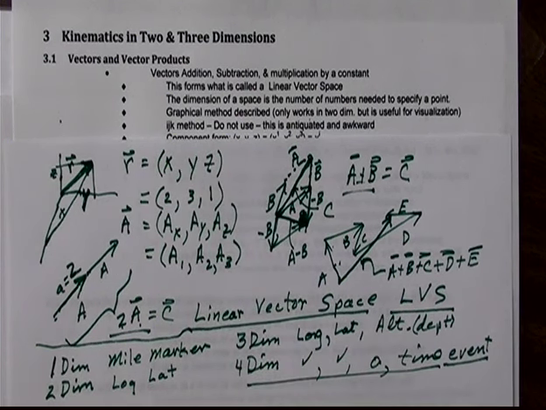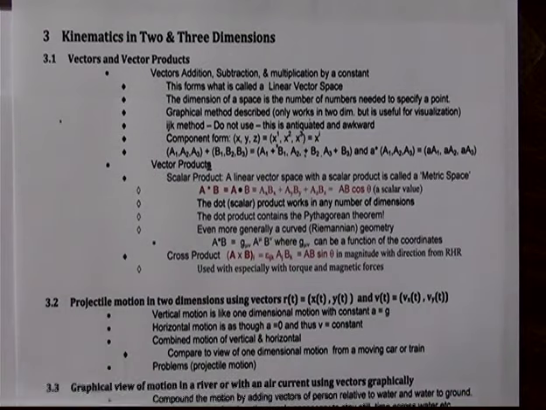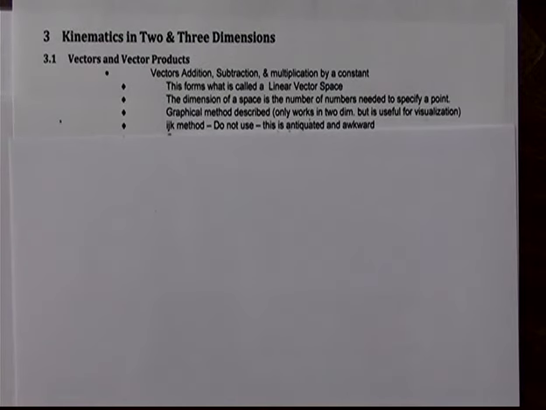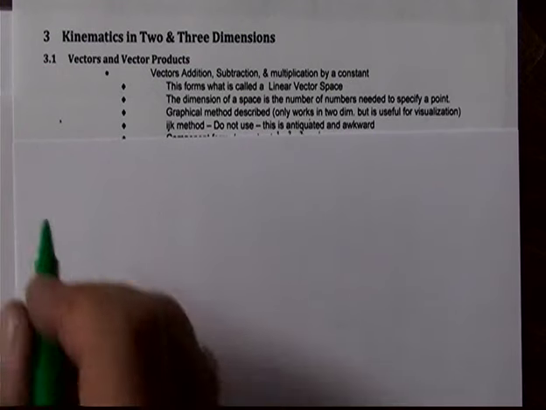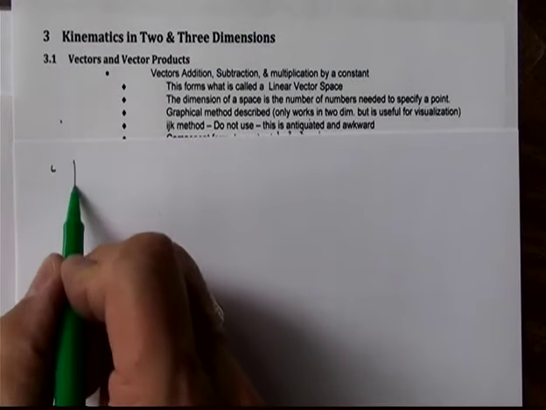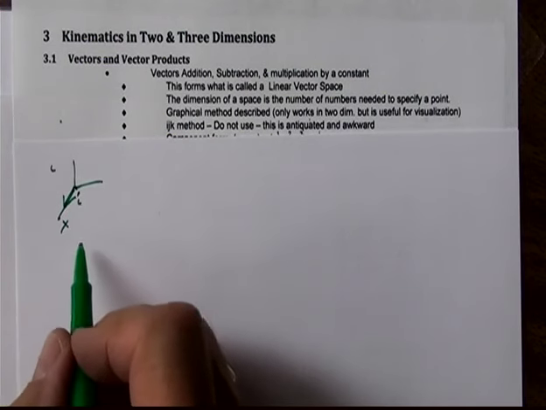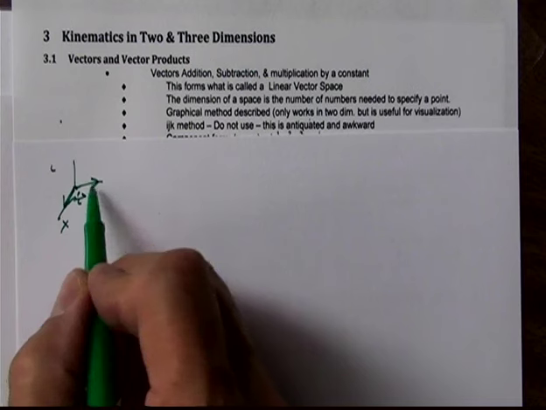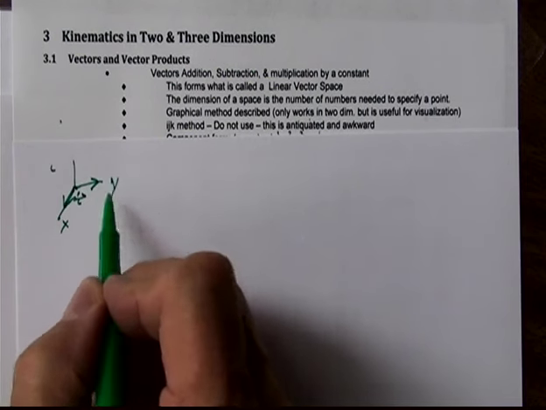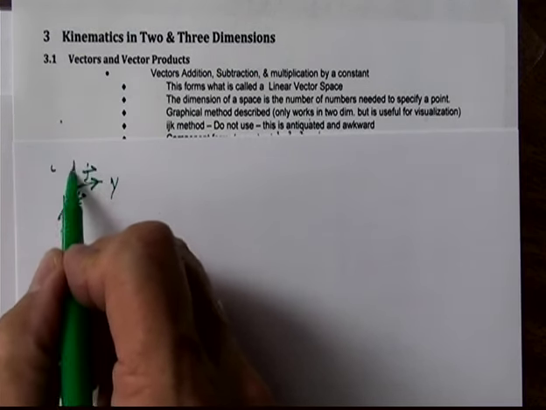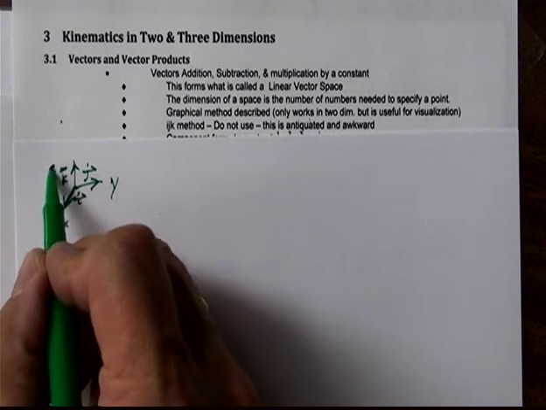There are many people that use a method for discussing vectors, which uses three unit vectors, i, j, and k. And in general, I do not recommend that we use those. It's very dated, and it's a very awkward notation. If you imagine three coordinates, in the x direction, there's a vector called the unit vector i, one in the y direction, which is the unit vector j, and one in the z direction called the unit vector k.